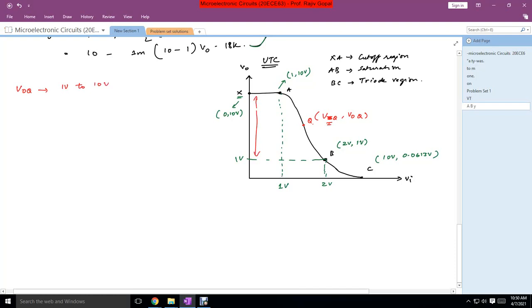So what I'll do, I'll choose the middle value, VOQ is equal to say 10 minus 1 divided by 2, 9 by 2, 4.5 volts. Okay, it is right in the middle of point A and point B.